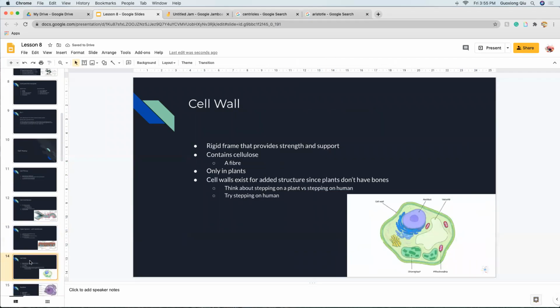Next, cell wall. It is a rigid frame on a plant cell which provides strength and support. It contains cellulose, which is just a fiber, and it only exists in plants, so you will not find a cell wall in animal cells, and this is important to know. Cell walls exist for added structure and stability in plants since plants don't have bones.